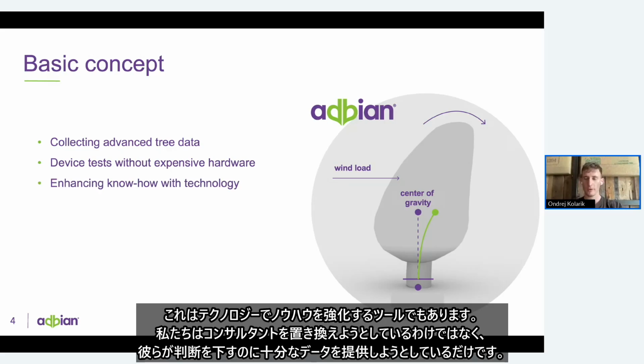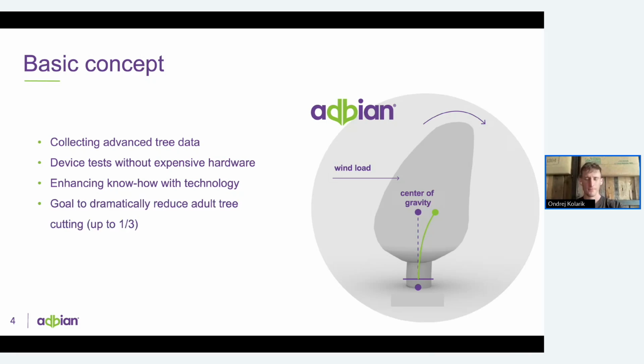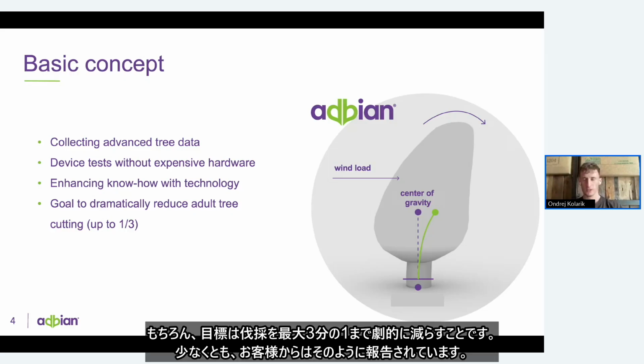We are not trying to replace consultants. We are just trying to give them enough data for them to decide on. And of course, the goal is to dramatically reduce the tree cutting by up to 1/3, at least that is what was reported by our customers.